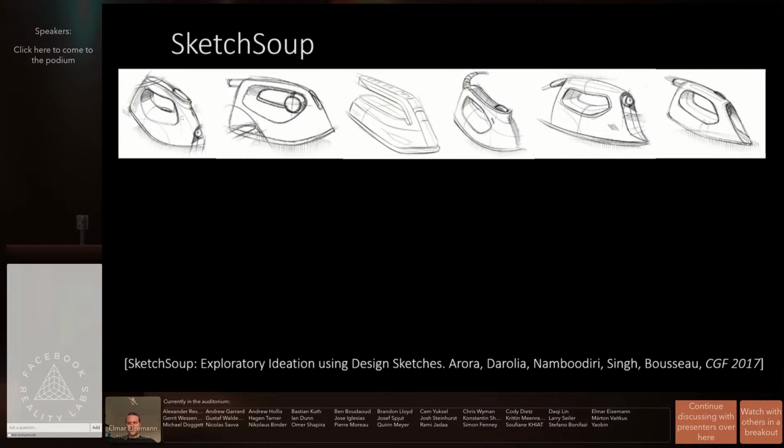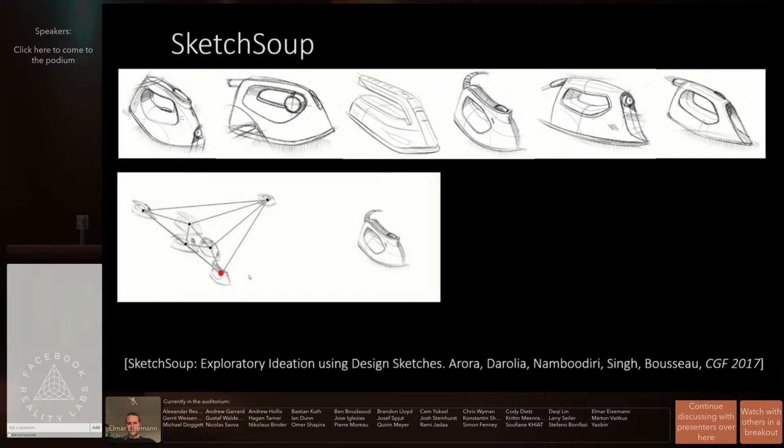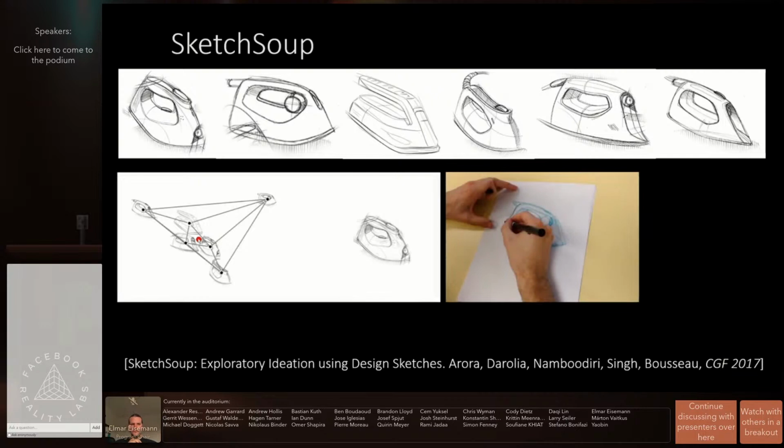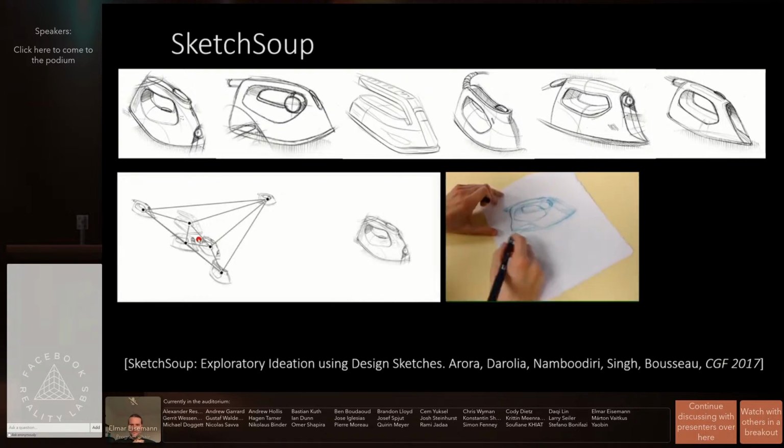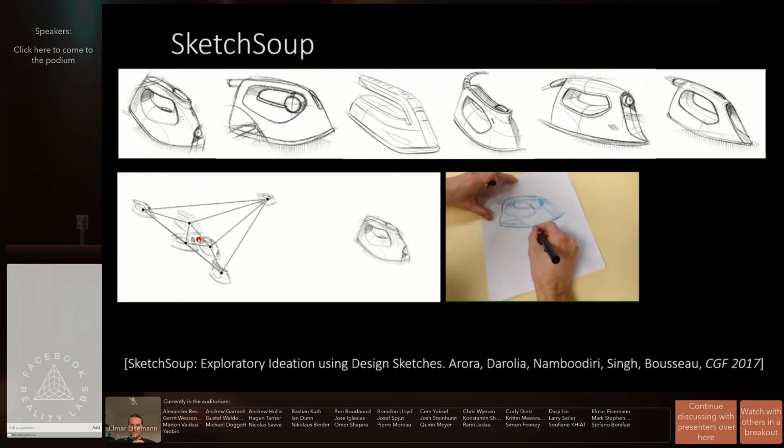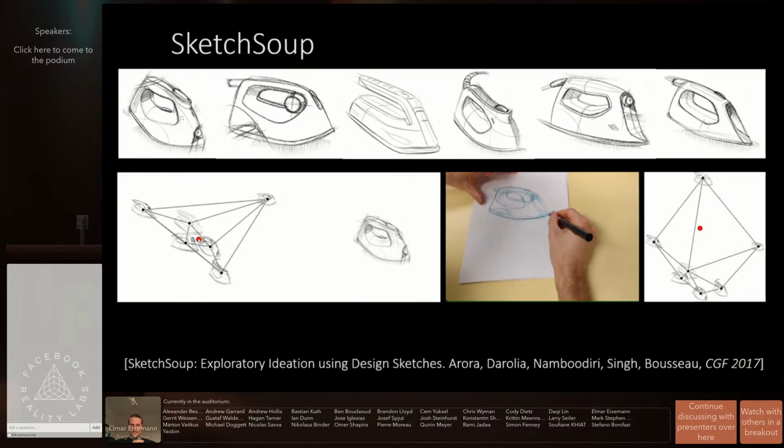Once we have a few sketches, like these irons, we're able to automatically find matching features and embed these drawings in a design interpolation space that the user can interactively explore. When they find a design they like, they print it, oversketch to refine it, and feed it back into the design space.